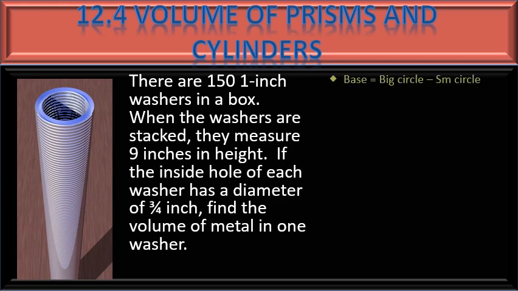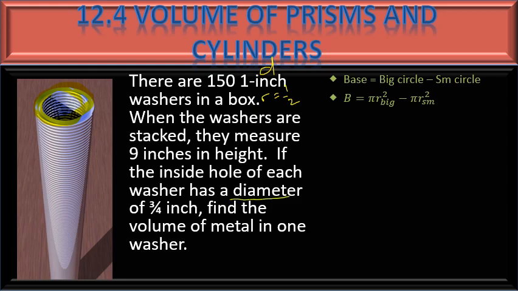So our base area, it would be right there. It'd be that little circle. So it's a circular hole, so it'd be the big circle minus the small circle. So area of a circle is pi r squared. If they're 1 inch, that means that's a diameter, so the radius would be a half.